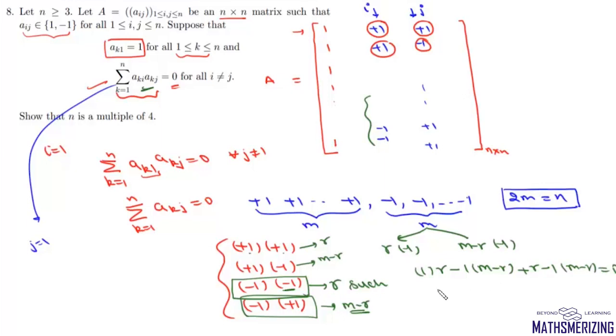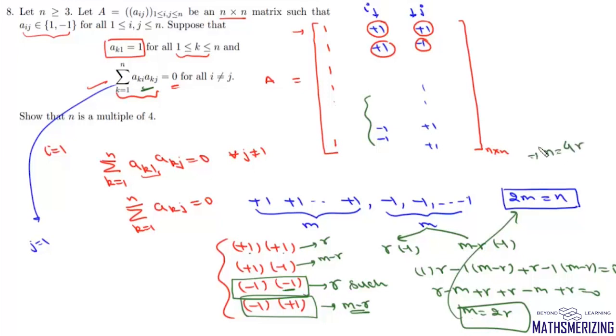So if we simplify it, we'll get R minus m plus R minus m plus R equals 0. So from here we'll get m equals 2R. Now n is 2m, so we'll replace m with 2R. We can write n equals 4R, and from here we can say that this n is a multiple of 4, and that is the answer to this question.